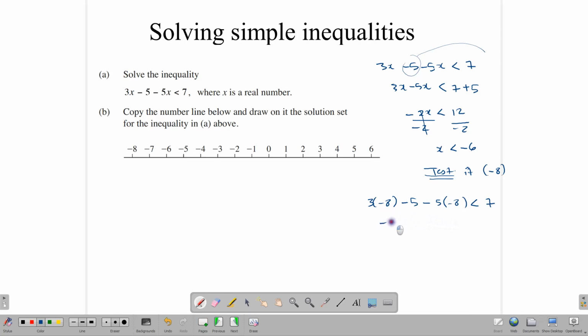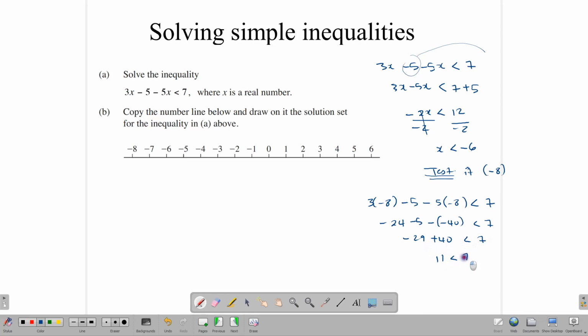So -24 minus 5 minus 5 times -8 is -40. So -24 minus 5 is -29 here. -29 plus 40 is less than 7. All right, less than 7. And immediately 40 take away 29 would be 11.